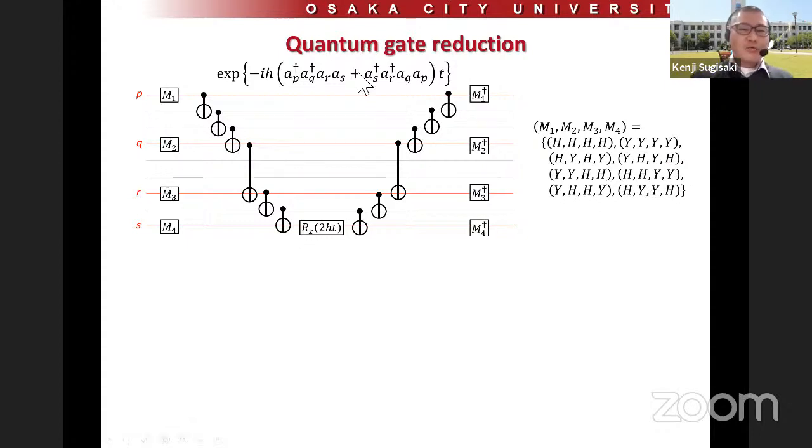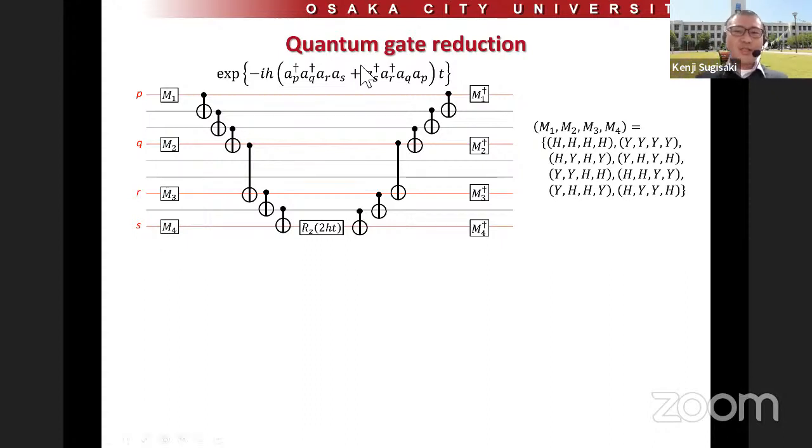Importantly, the two qubits between P and Q, and the one qubit between R and S, these three qubits affect only the parity. I mean, the qubits corresponding to P, Q, and R and S, the quantum state can be changed by the time evolution operator.